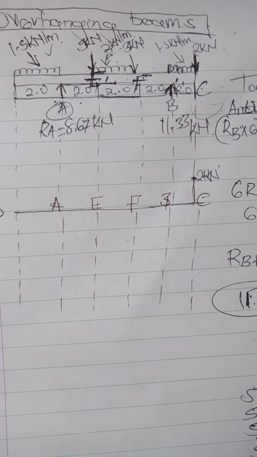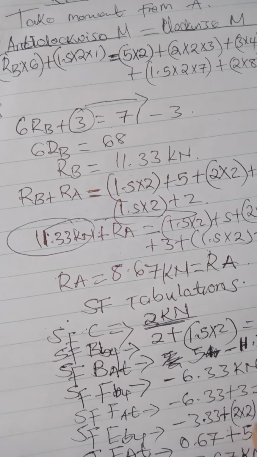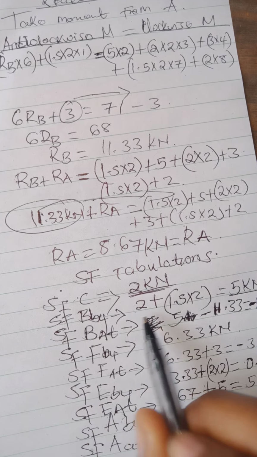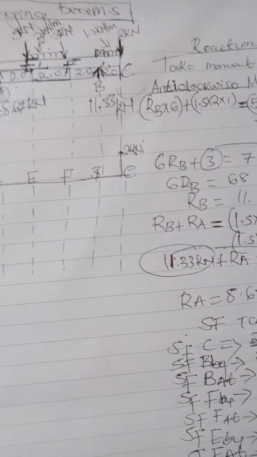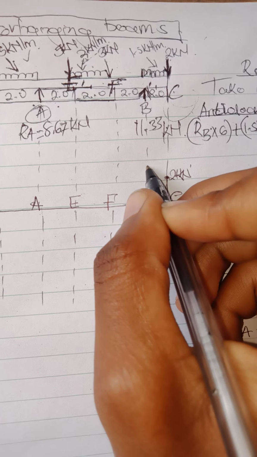Because of the UDL, then before B we have 5 kilonewtons, so let's come here to 5 kilonewtons.